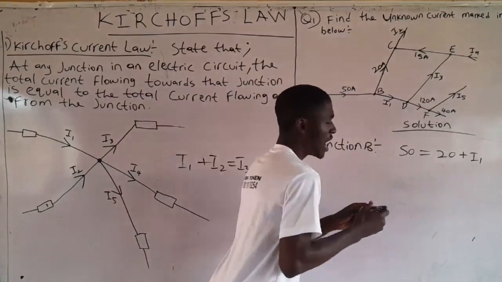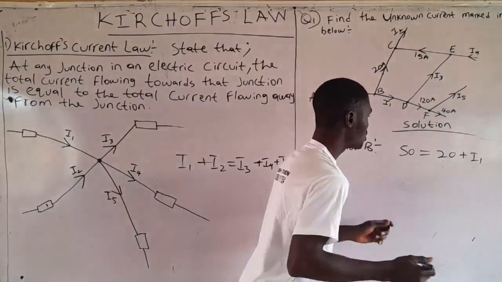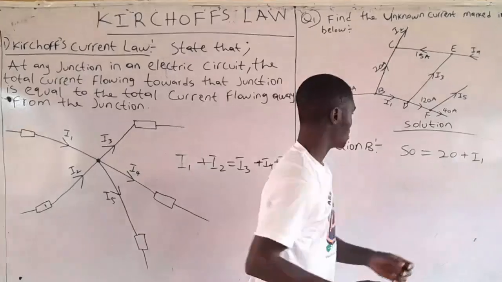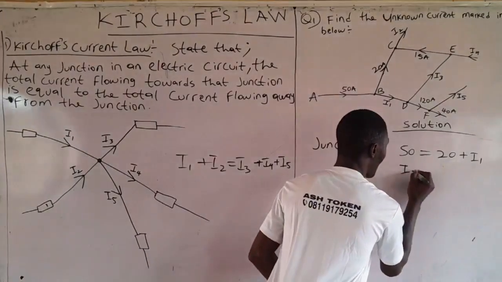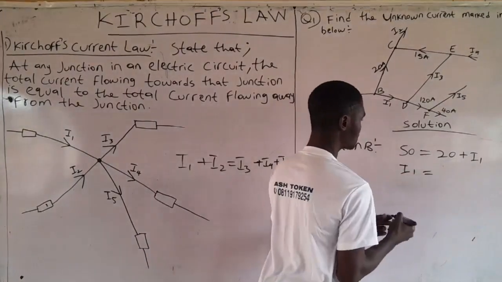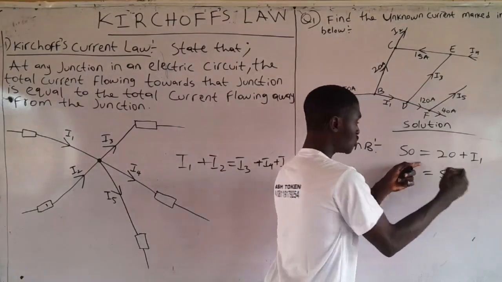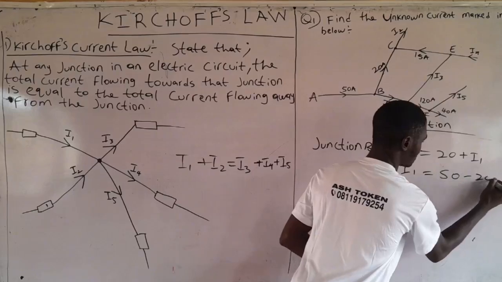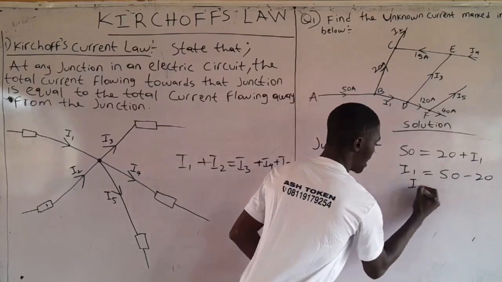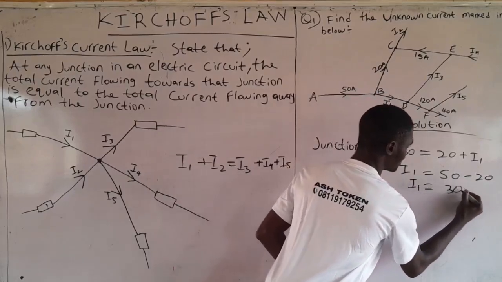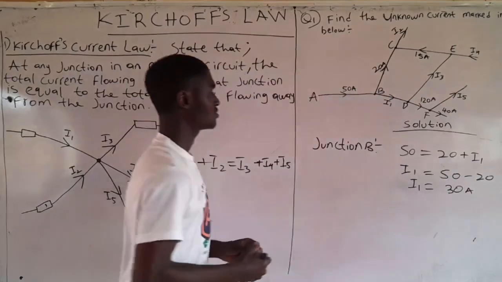So, with our normal mathematics, making I1 the subject of the formula, I1 is equal to 50, while 20 goes to the other side and becomes minus 20. Now I1 is equal to 30 amperes.